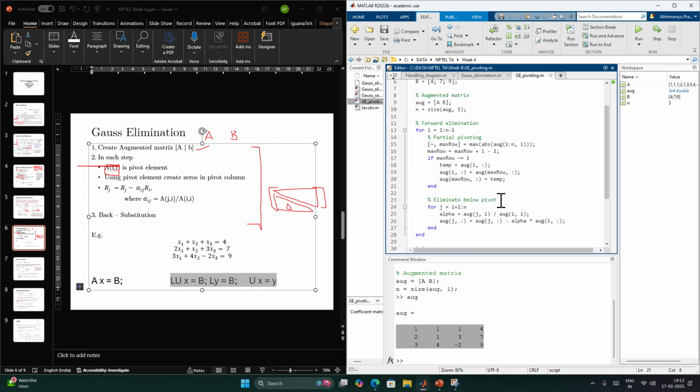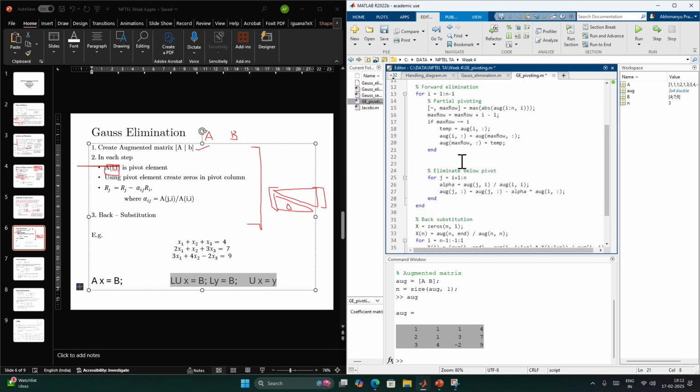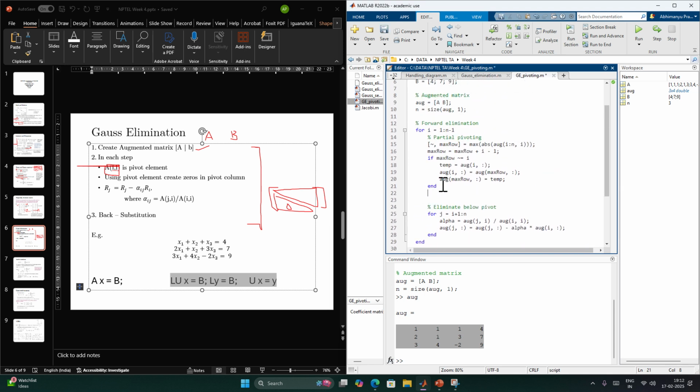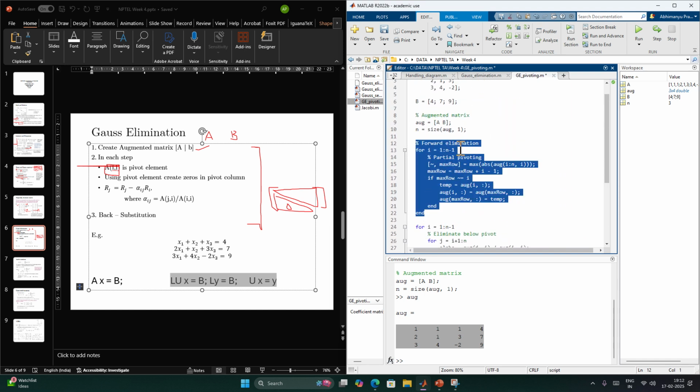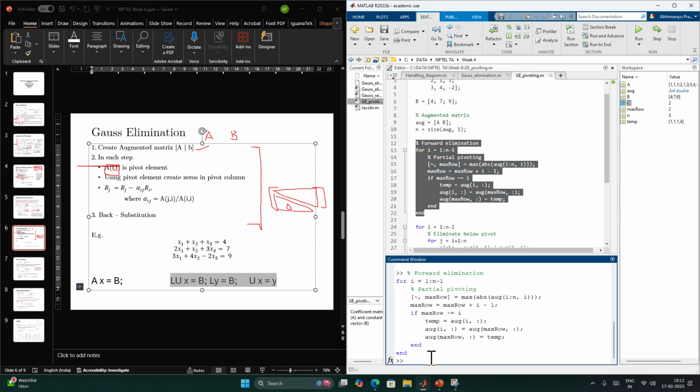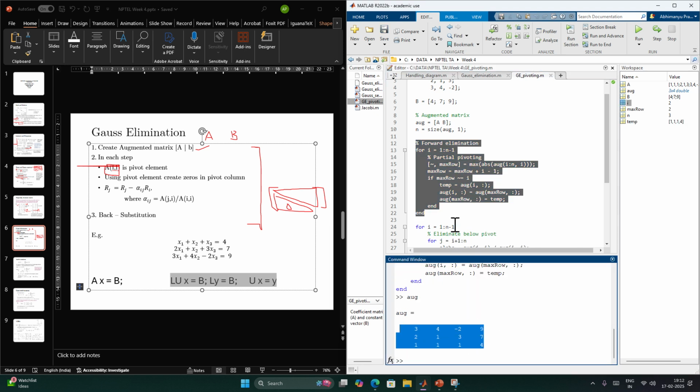Just this loop here only. Start new loop. So this is our matrix after pivoting.